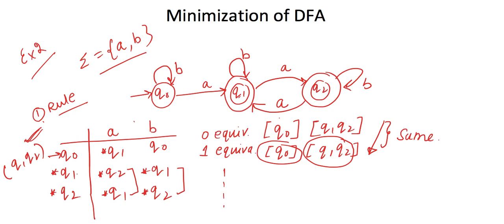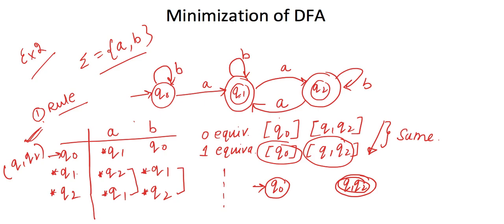So let's draw the final DFA. We already know Q0 will be one of the states and Q1Q2 will be the other state. Q0 is the initial state, and Q1Q2 is the final state.